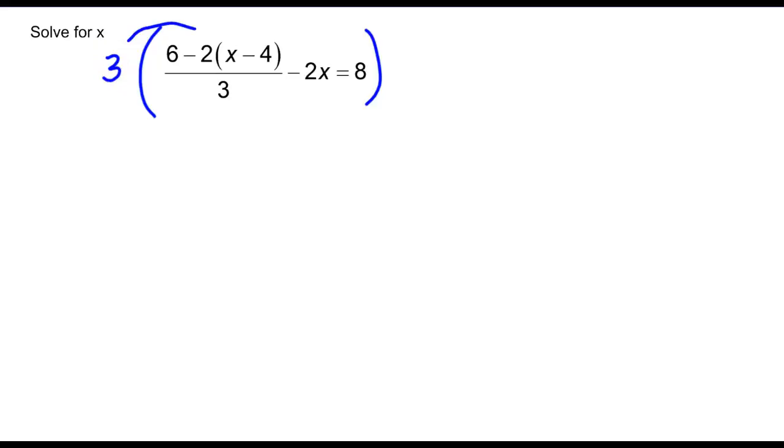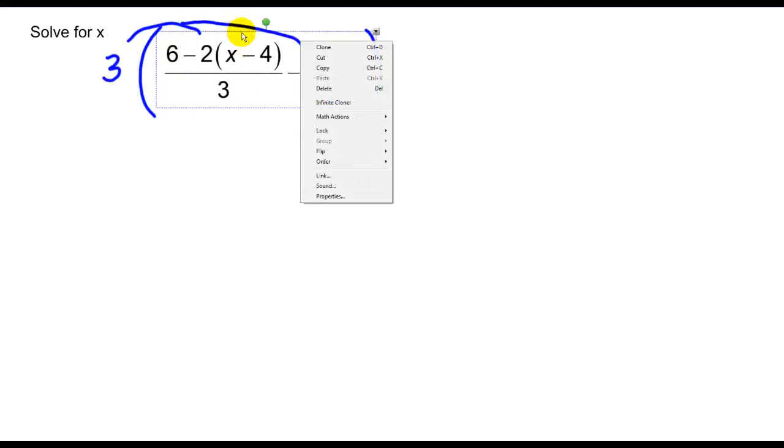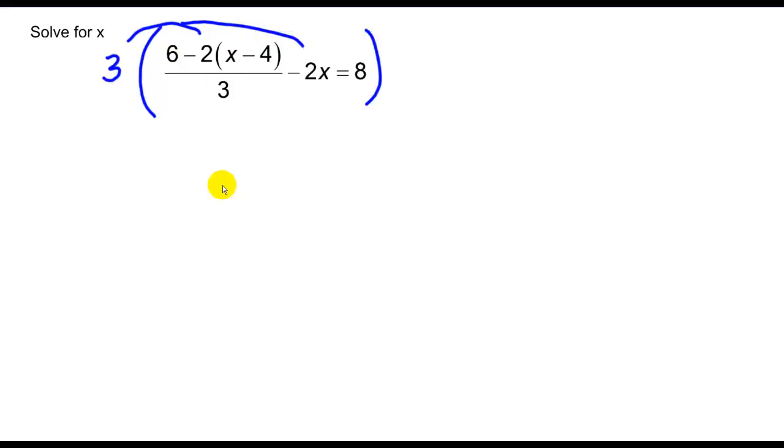If I distribute that to all three terms, even though this is very complicated, it's still one fraction, so it's one term. This is another term. And finally, we have the third term over here. Multiplying 3 over 3, that gets me a 1.